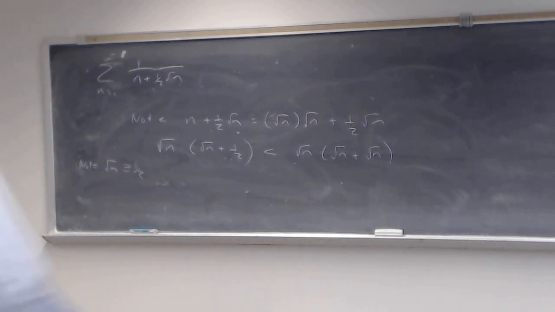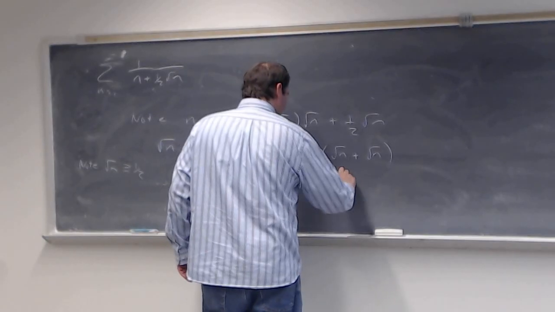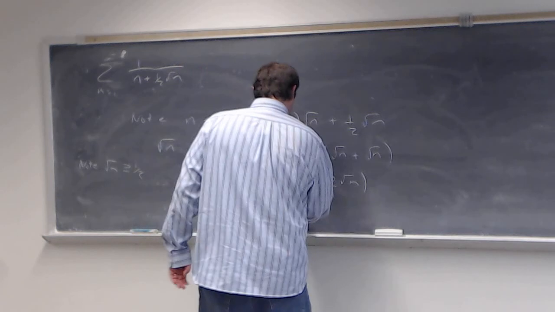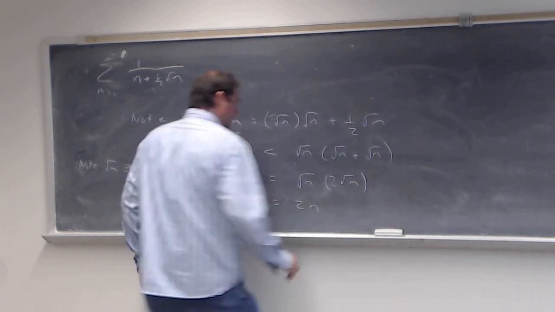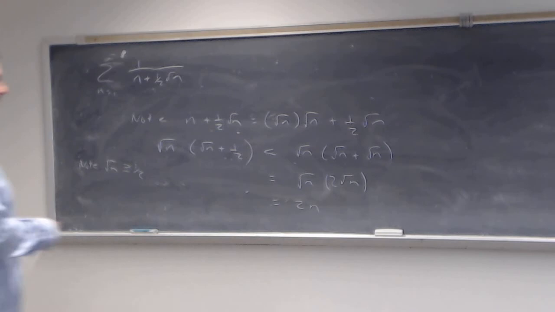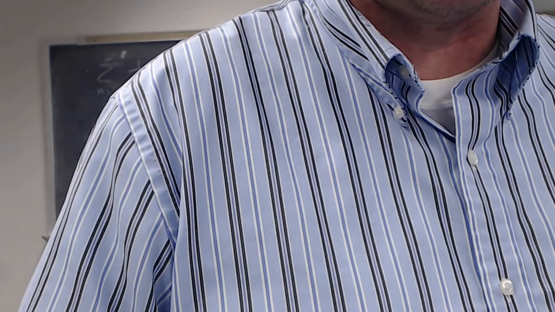All right, what's this? This is equal to the square root of n times 2 times the square root of n. And so this is equal to 2 times n. Is that all right? Okay, so here's what I got. It took me a second to maybe get an inequality I wanted.